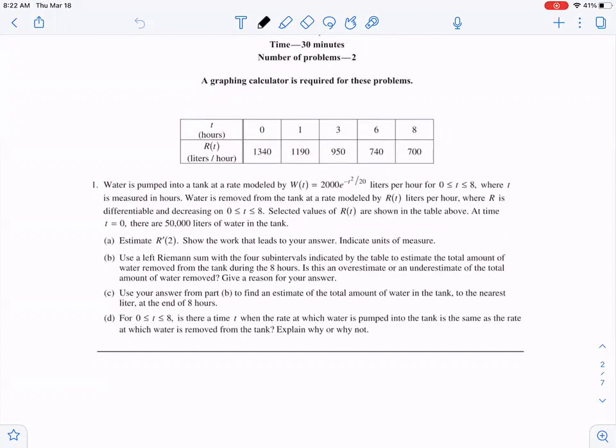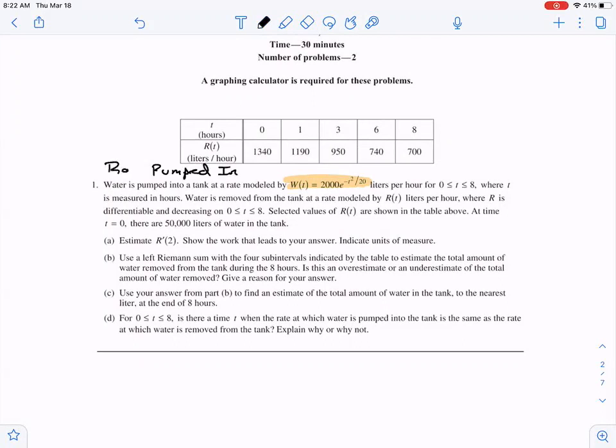As I dive into this problem, I want to highlight some things. My function W(t) is giving me the rate that water is pumped into the tank. So I'm just going to say pumped in.